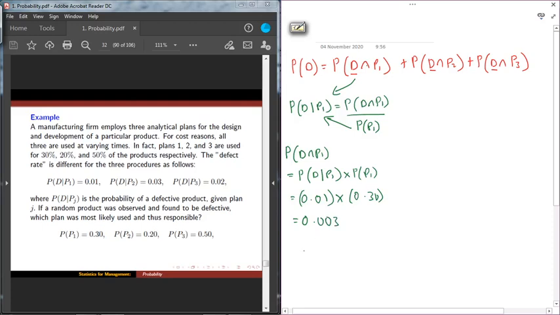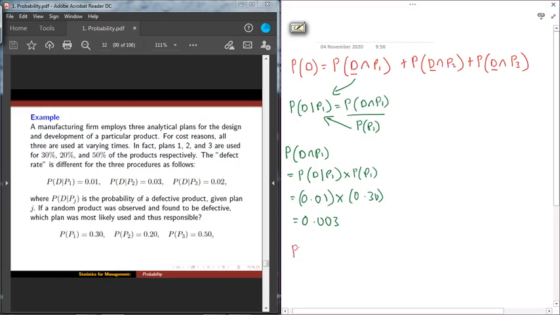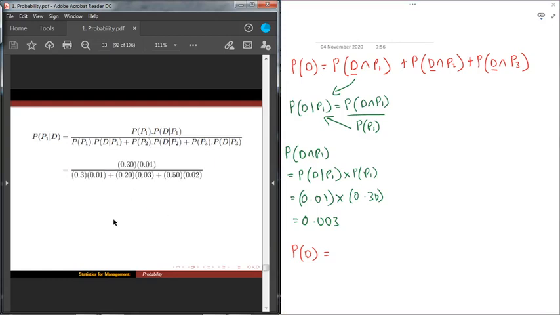So like that you are able to get the rest of it. If you compute each and every thing, you will get this one.